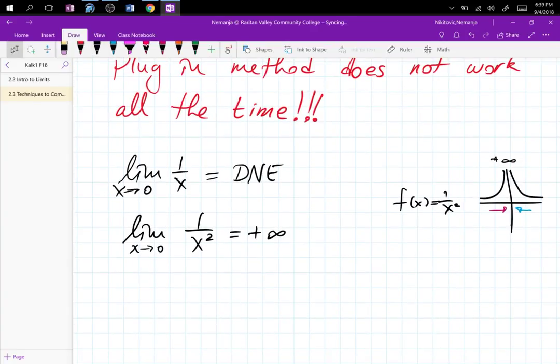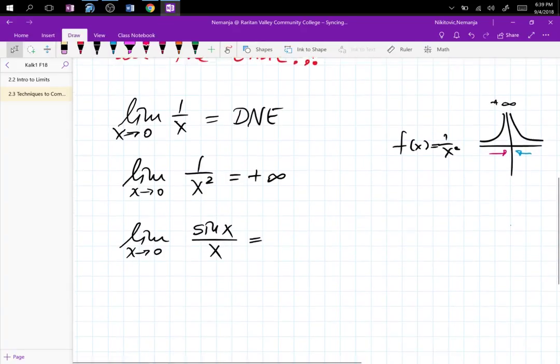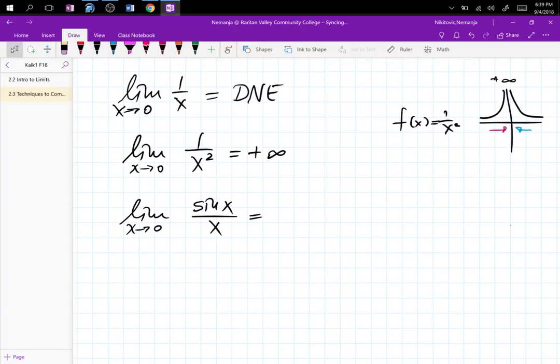And now, another one of these: sine x over x. Does this limit not exist?